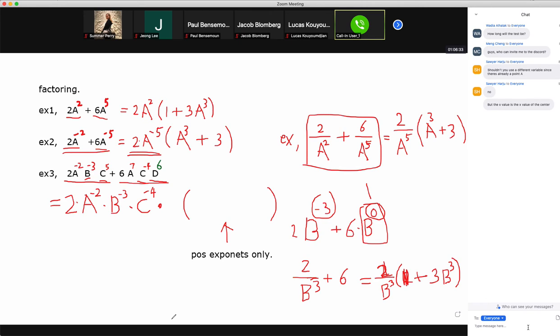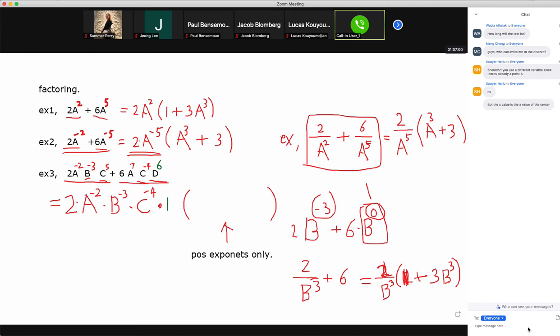Now, let's see. What about the D? We have D to the 6 in the second term. Well, there is no D in the first term. Should we factor a D here? Yes or no? And the answer is no, not in this case.